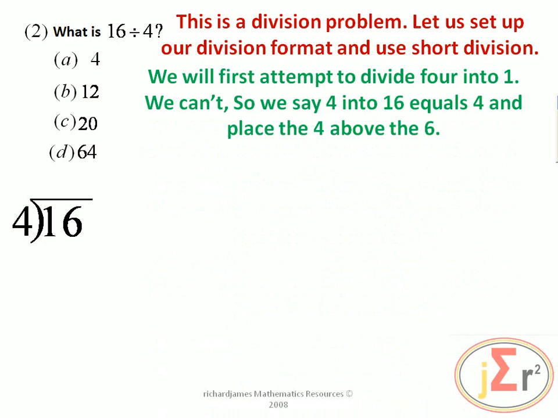We can't. So we say 4 into 16. When we use one digit and it is not enough, or it is less than the number we are dividing by, which is the divisor, what do we do? We include the other digit.